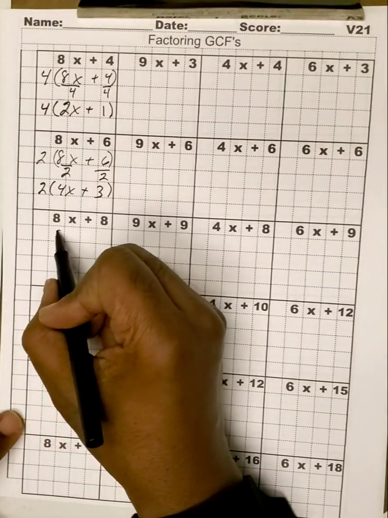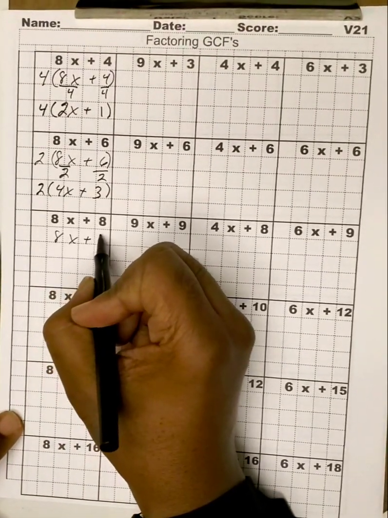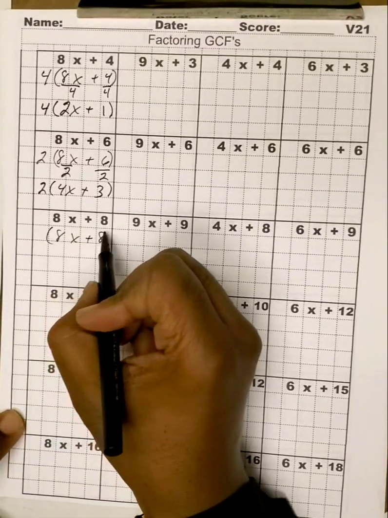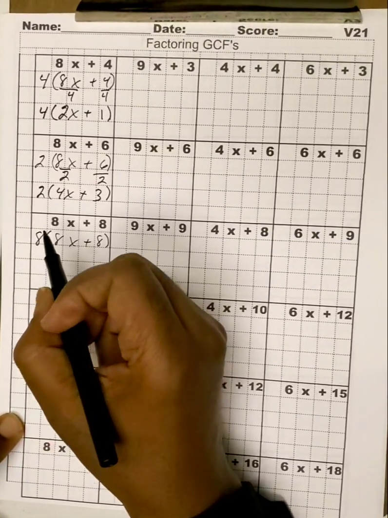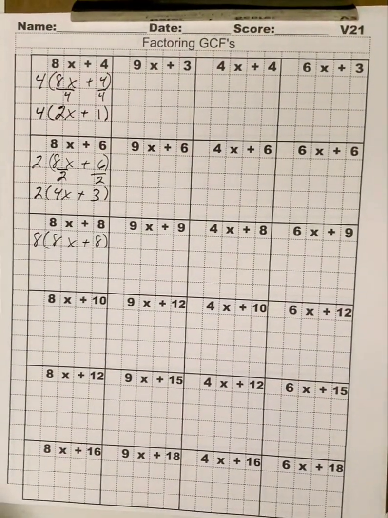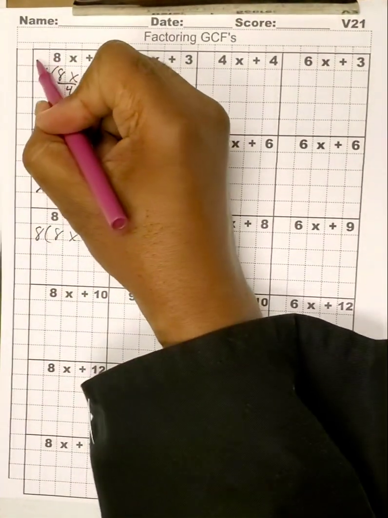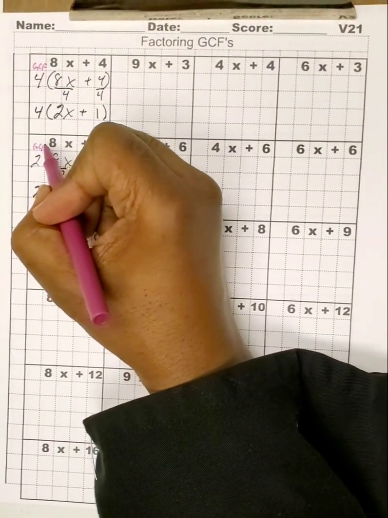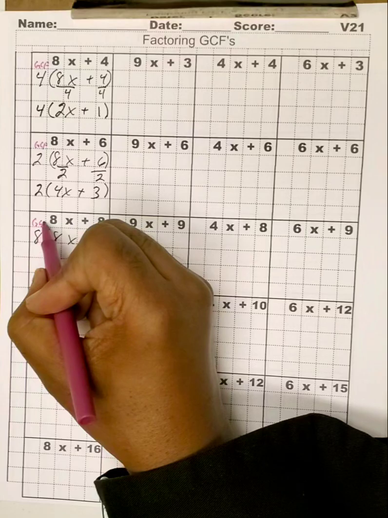Okay, so for 8x and 8, or should I say 8 and 8, the greatest common factor for 8 and 8 is 8. So we're going to put the greatest common factor here. Again, the greatest common factor is going outside.